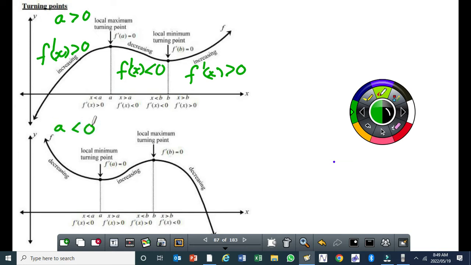You can also have a cubic graph starting as a decreasing function, which means the derivative, you find f prime of x and substitute any value between the turning point and all the values to the left, then you get a negative answer. I'll show you this later when I start sketching. Then if it's increasing, your derivative will always be positive. If it's decreasing, your first derivative will always be negative.